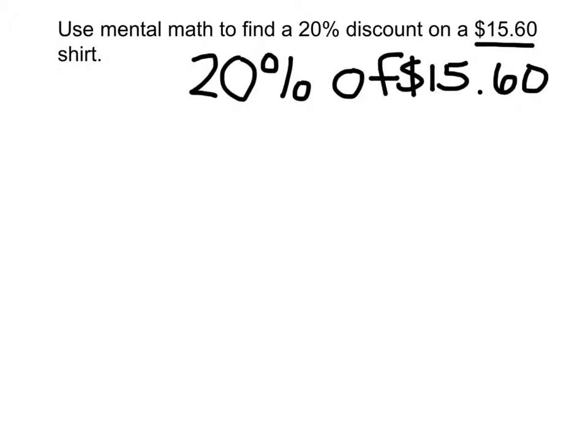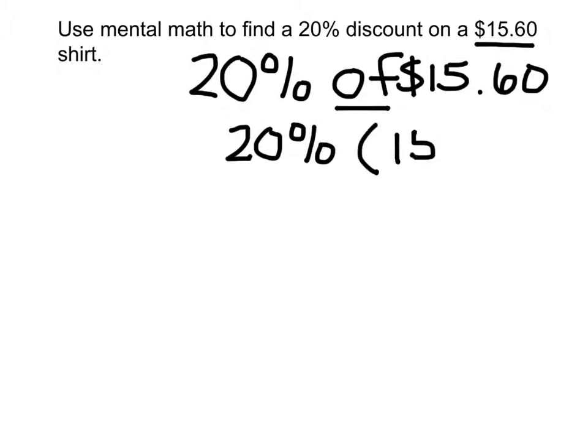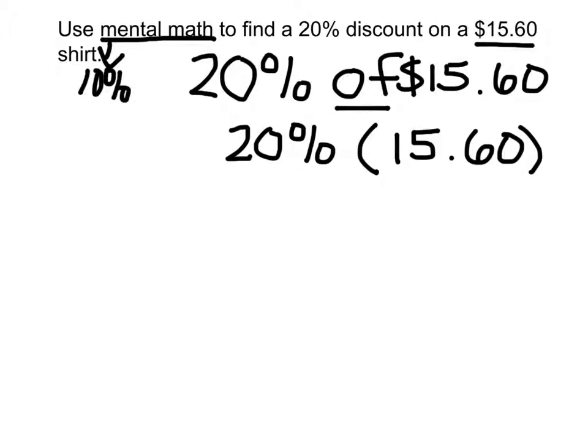Once again, remember the word of means multiply, so we're really finding 20% of, or times, $15.60. Now remember, they want us to use mental math on this, and working with 10% makes it easier to use mental math.